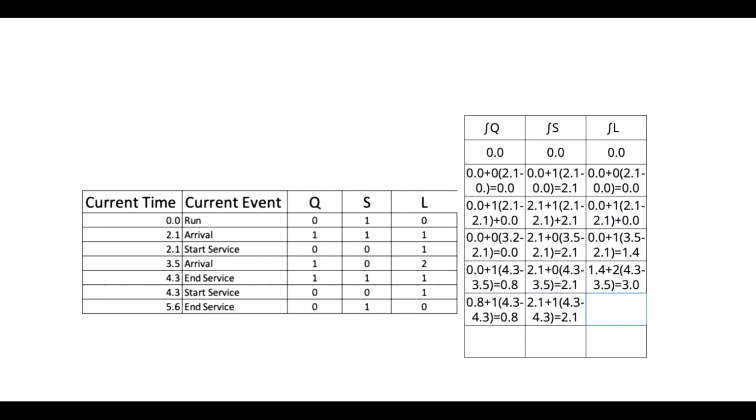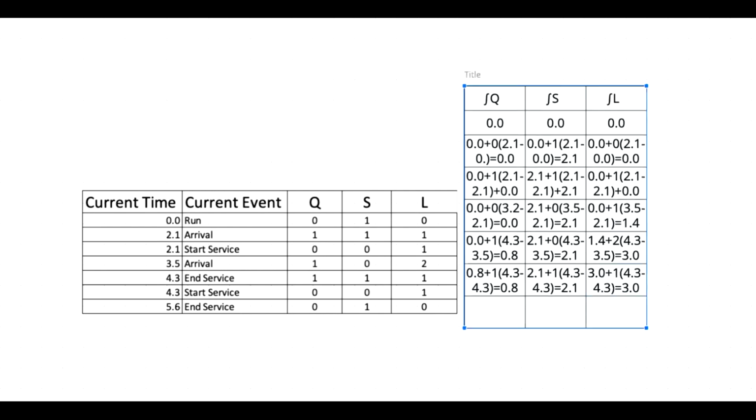And now we're finally at the last event in our model, which is the end service event. We have our previous sum for Q plus the previous value, which was 0, times the elapsed time, which is 5.6 minus 4.3, and so that keeps us at 0.8.